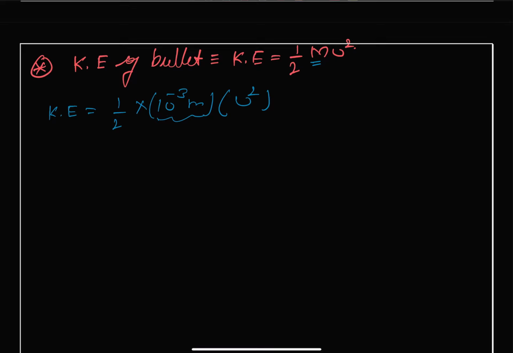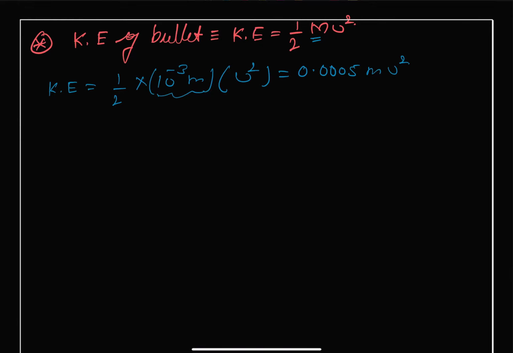Therefore, it comes as 10 to the power minus 3 m times v square, and this will be giving us 0.005 mv square, and we know only 75% of the kinetic energy goes into heating. Therefore, we can say that 75% of kinetic energy goes into heat.